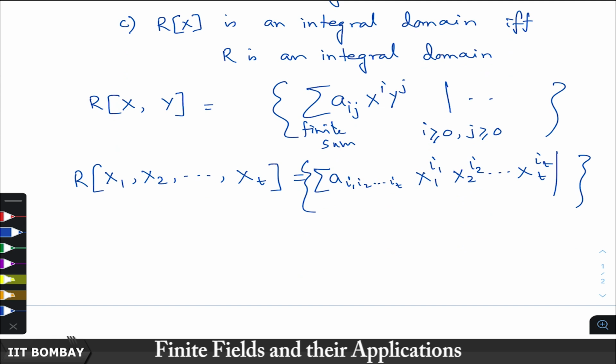Now, one can also view a multivariate polynomial as a polynomial over a ring in a smaller number of variables.